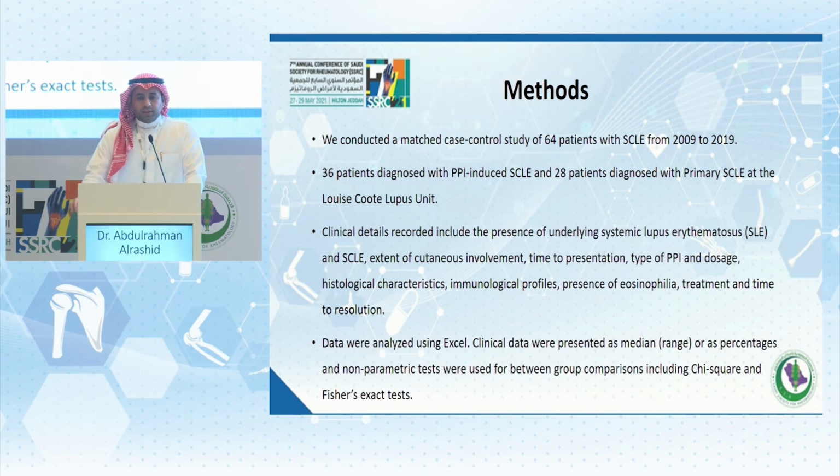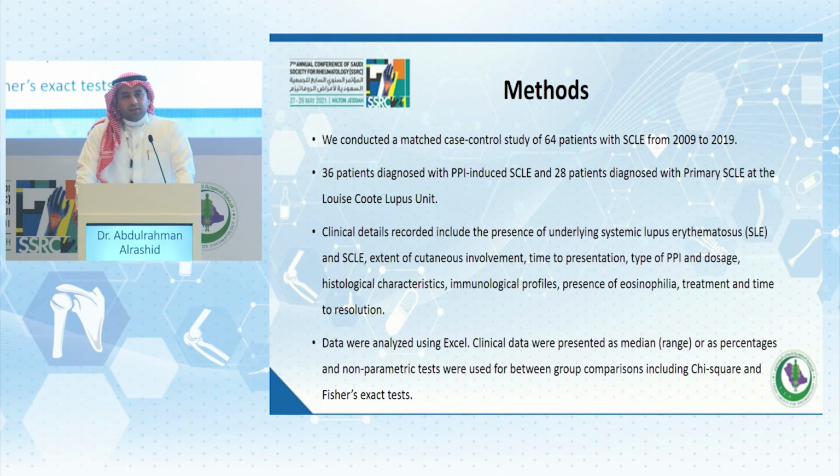When we collected the data, we had the idea to compare it with a control group of patients with primary SLE and see what the clinical or laboratory differences are between the two groups. Is there any clinical or laboratory indicator that can support the diagnosis of either?